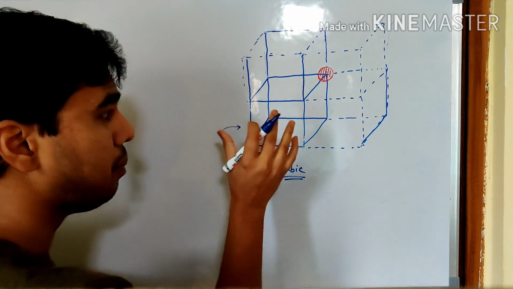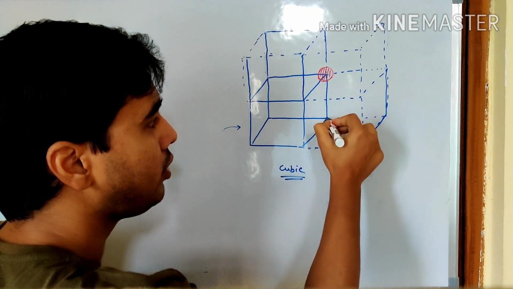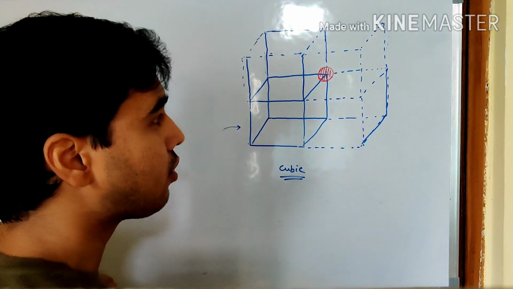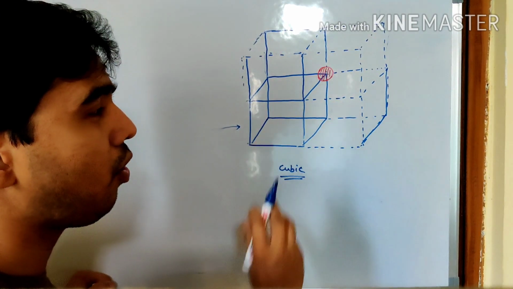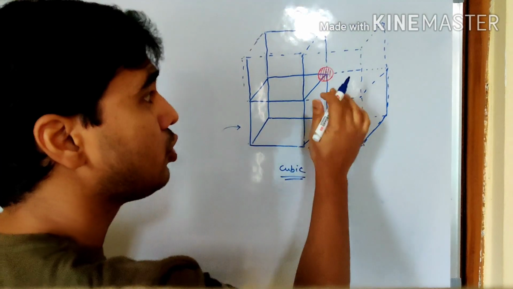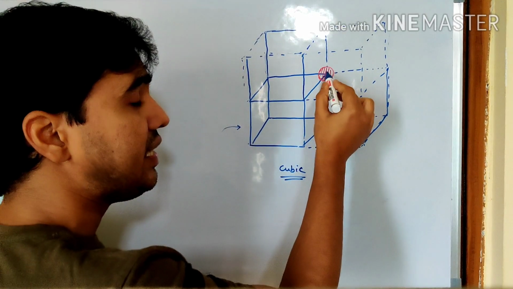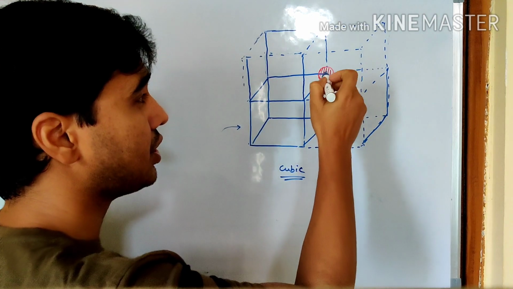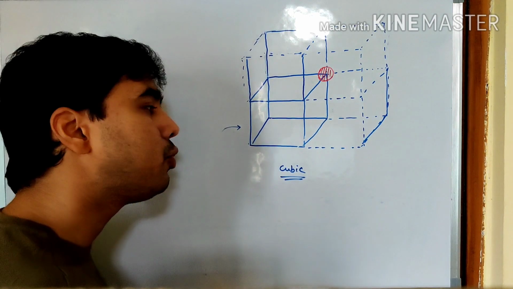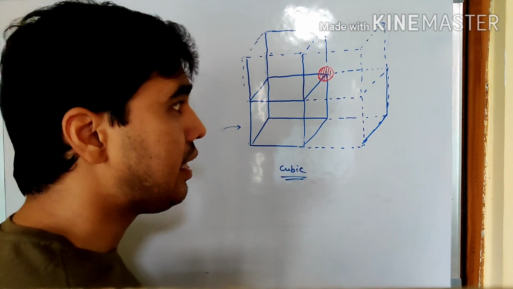If this one is the main cubic unit cell that we are talking about, then in all these 8 corners, this red atom, red ball, spherical, we are assuming itself to be spherical, should be there. Now the point is, going by that logic, there should be 8 atoms per unit cell in a simple cubic unit cell. Whether actually it is the case, let us see.